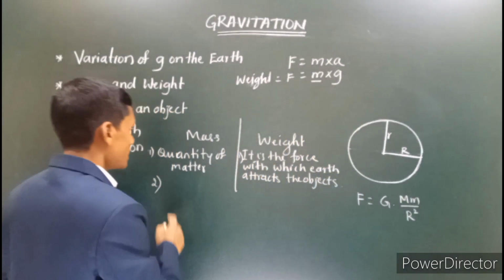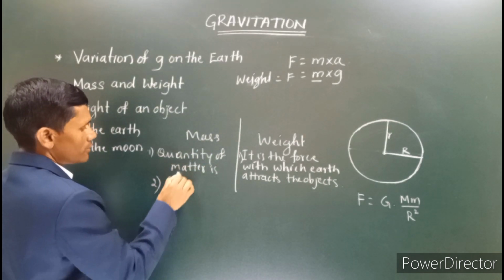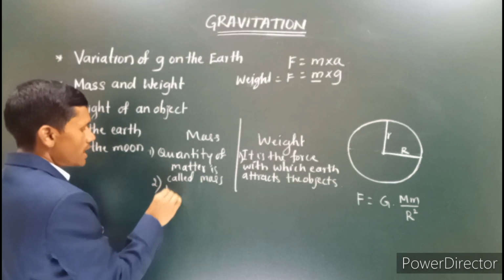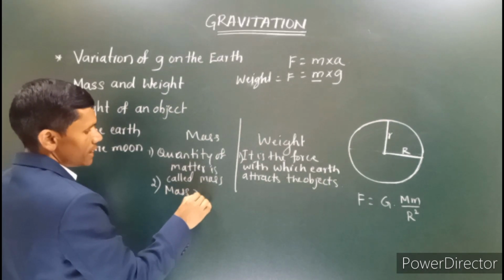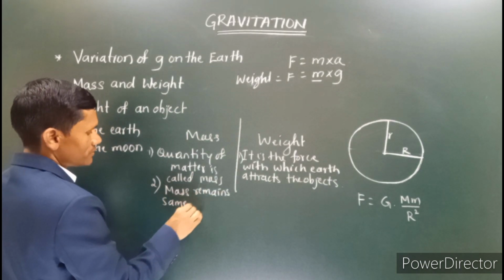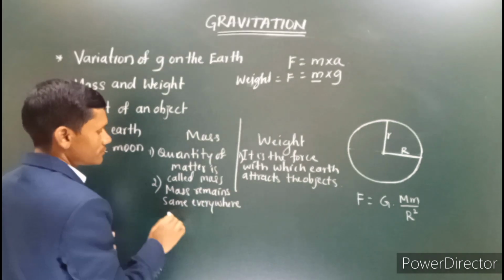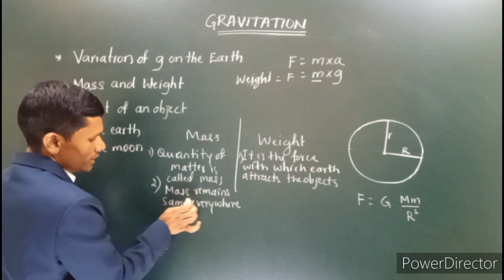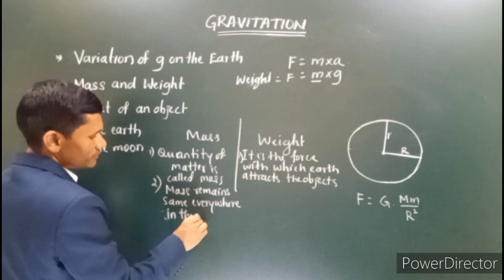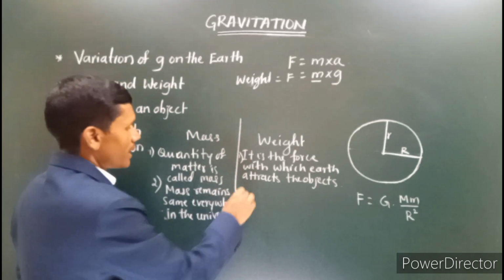So we can say quantity of matter is called mass, and mass remains the same everywhere in the universe, on the earth or in the universe, right?